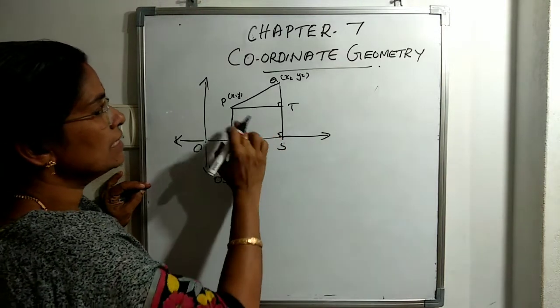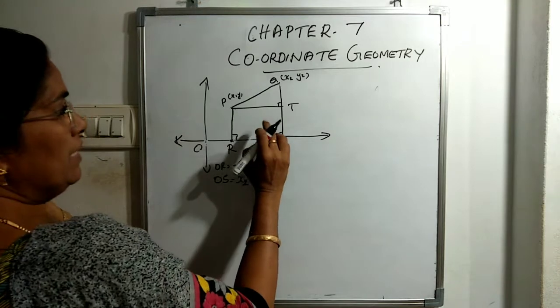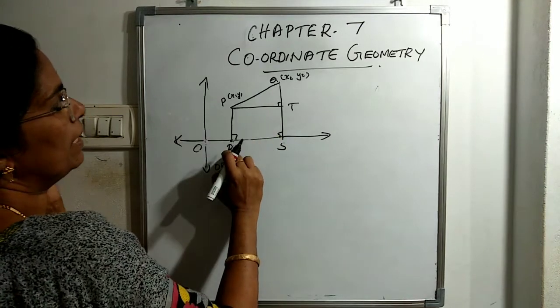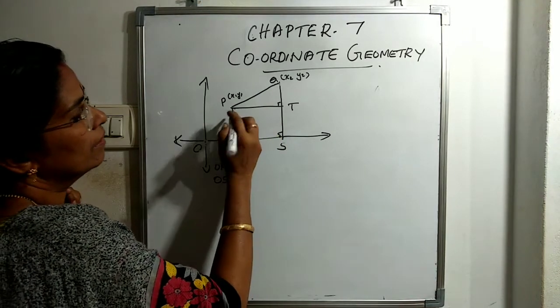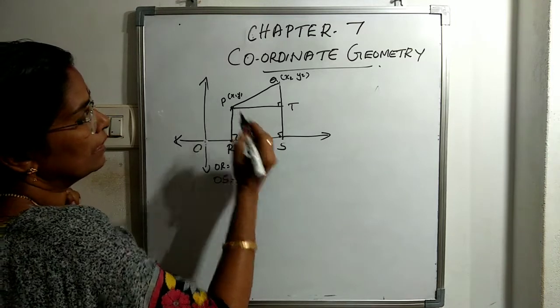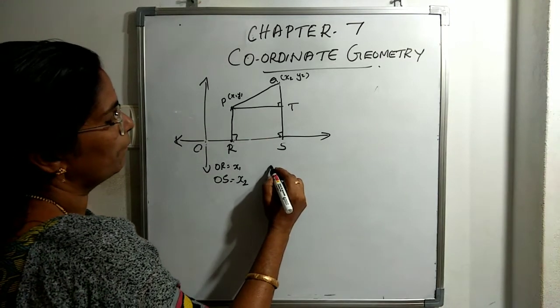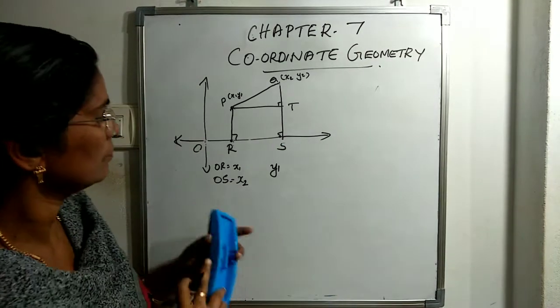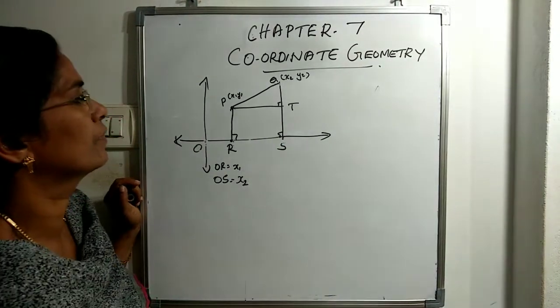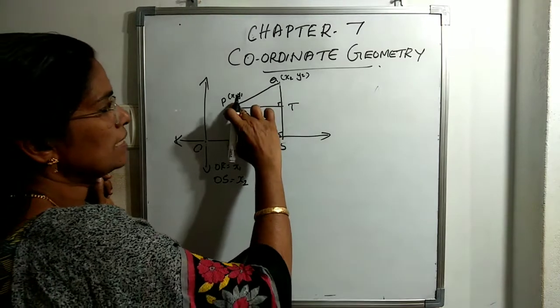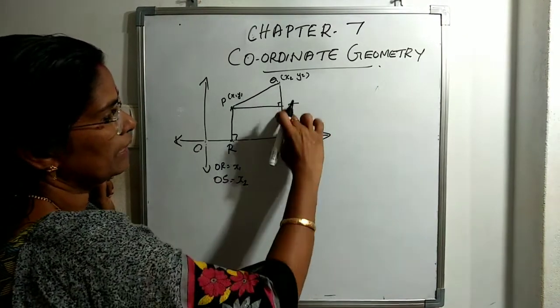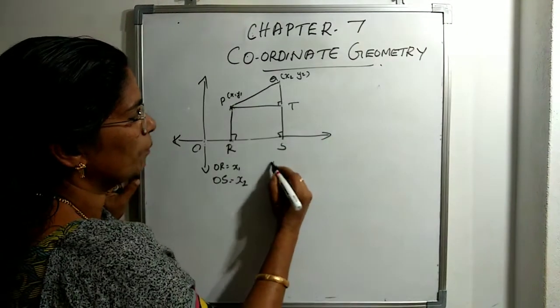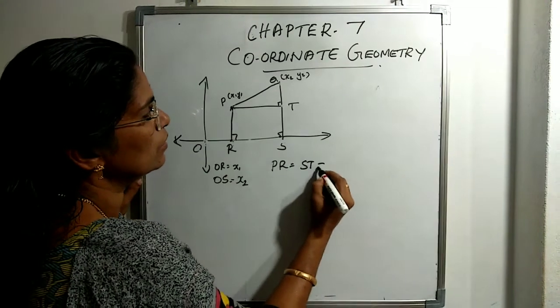Clear? Like this, what is the Y value of PR? What is the length of PR? That is y1. PR is the same as ST. Okay, PR is equal to ST is equal to y1.